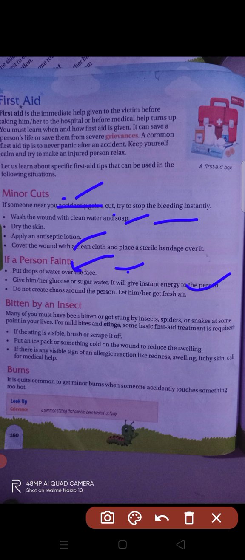It will give instant energy to the person, and do not create chaos around the person, OK. So these are some of the first aid we are going to provide for the person.